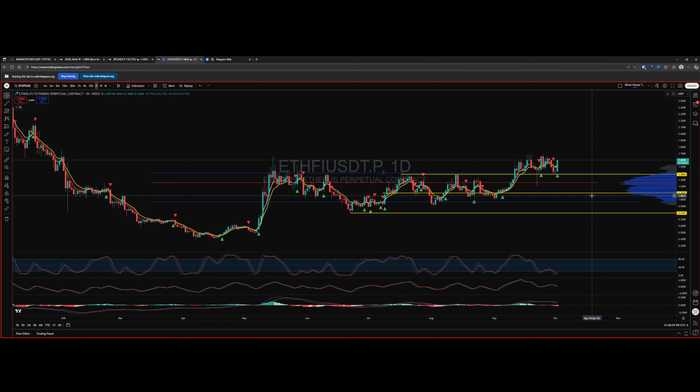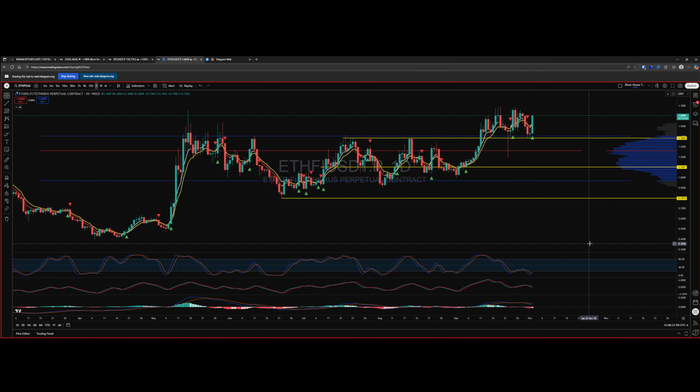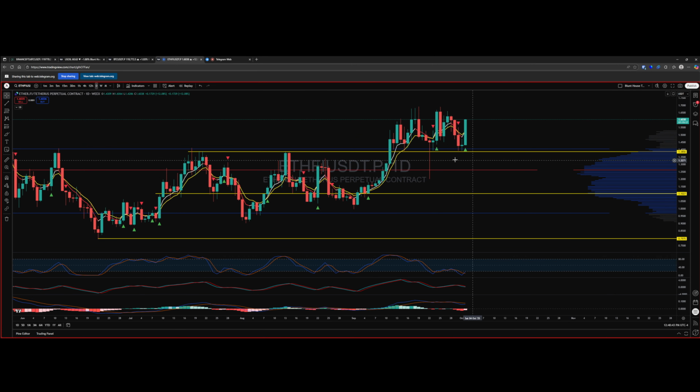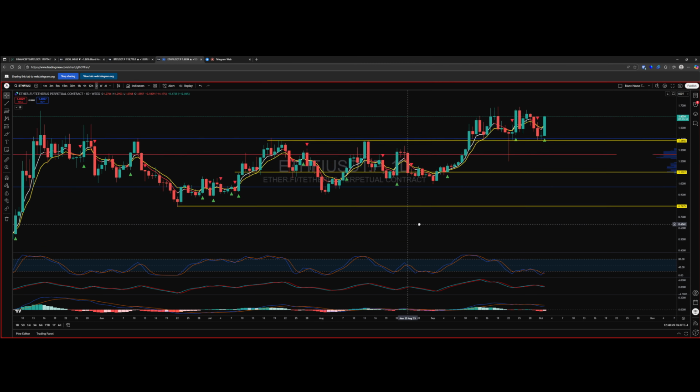And these yellow lines were just areas that I've drawn in the past. But what's going on today? Yesterday's candle found support at this level that we dropped on. It also just so happens to be almost in line with the upper value range.